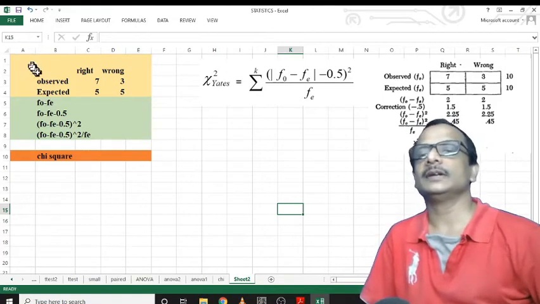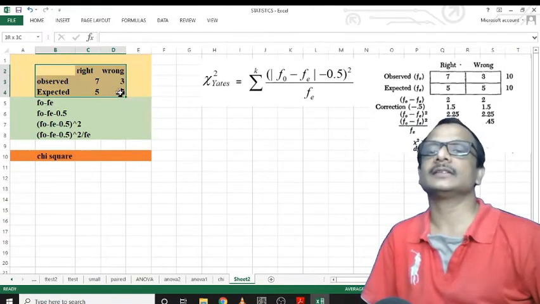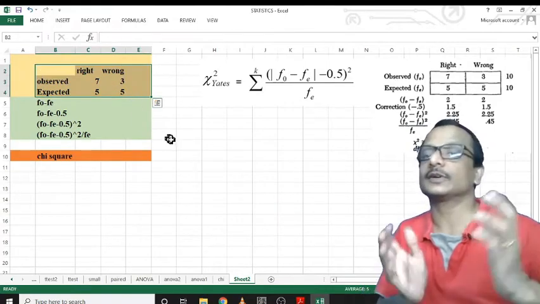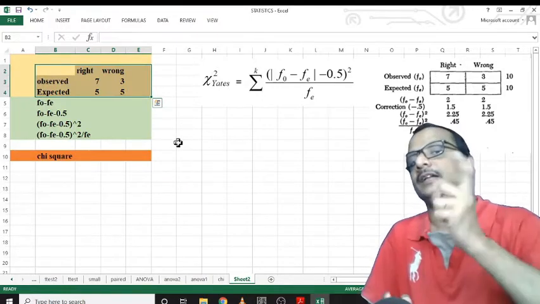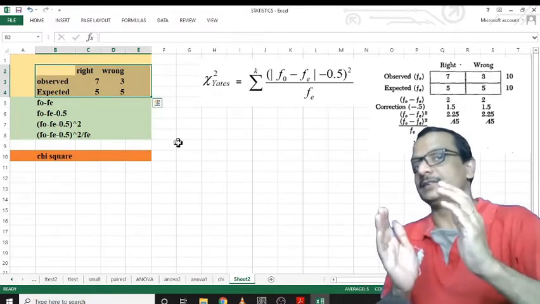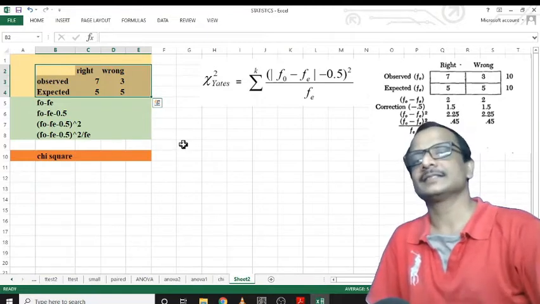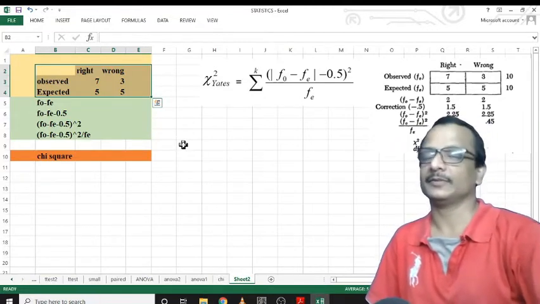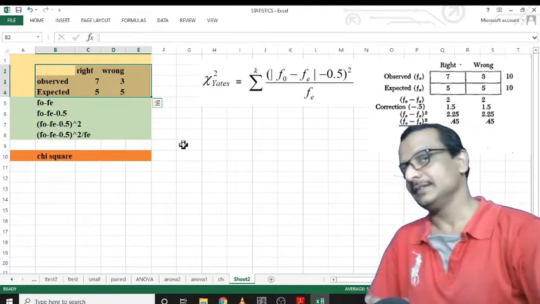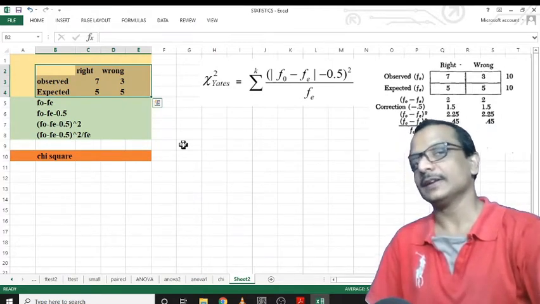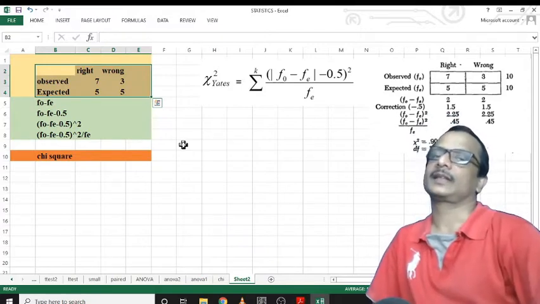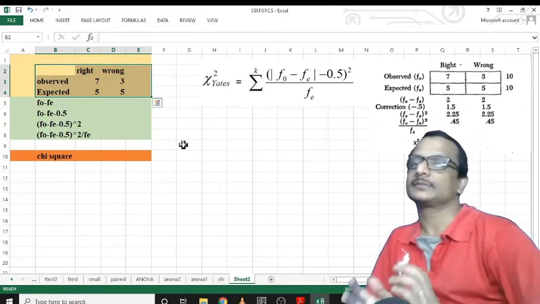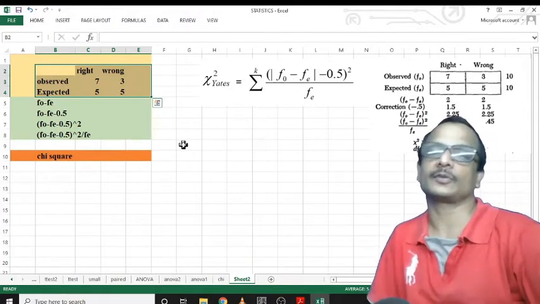For example, if this is the table for our chi-square calculation, all cells should have at least 5, not less than 5. If it is 5 or less than 5, we have to make some corrections in the chi-square formula.